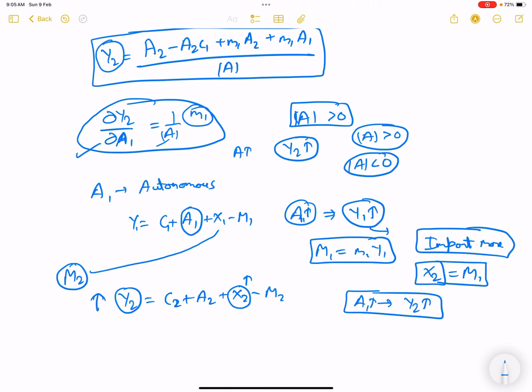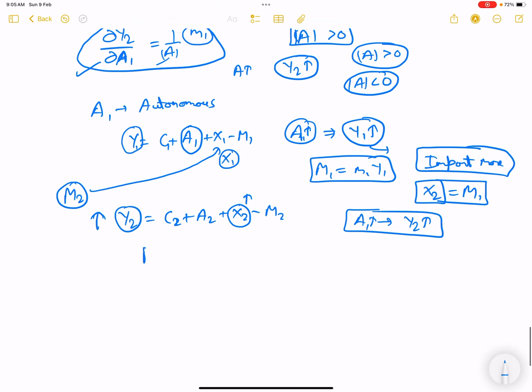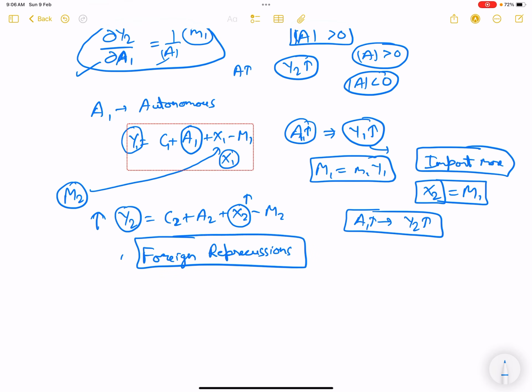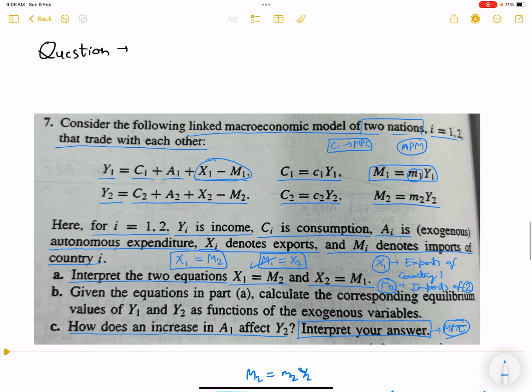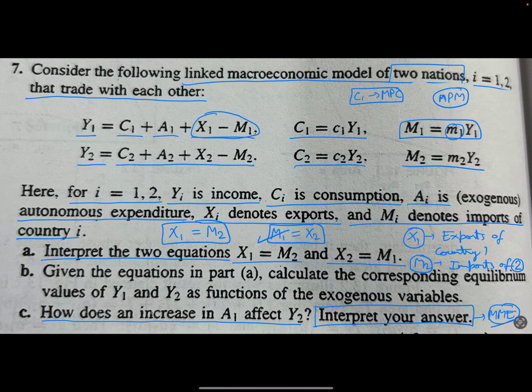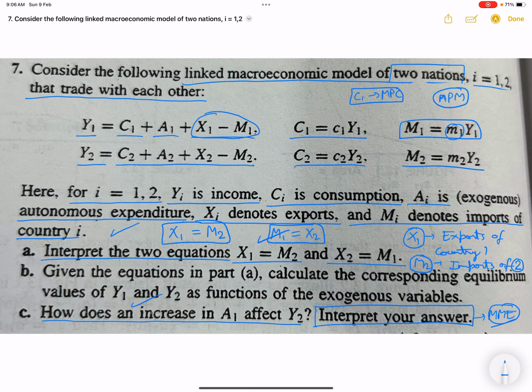That would lead to an increase in exports of country 1, then y1 would also increase. You will study in international trade that these are the foreign repercussions. Even though the formula derivation will not come, this is how things work. You can expect these types of questions in your exam.